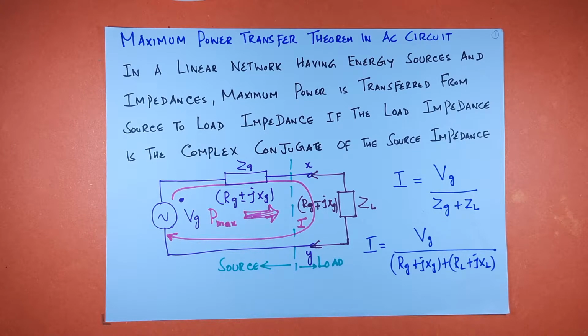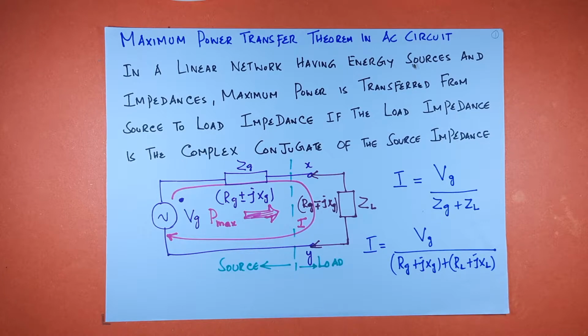So you see here we have a source Vg, and this is the source impedance, which may be Rg plus or minus jXg. Across XY we have connected the load impedance.